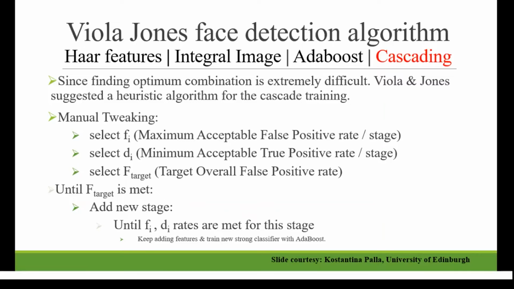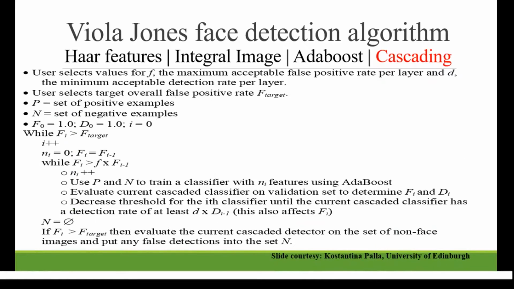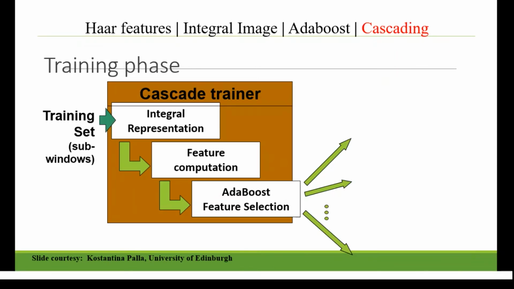It says that we need to manually decide the maximum acceptable false positive rate per stage, the minimum acceptable true positive rate, and the target overall false positive rate, and according to that you keep adding more and more stages. So this is the algorithm for cascading.